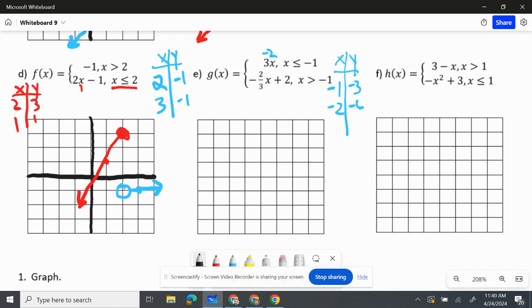With this one right here, I'm going to just move it up a little bit. So I have negative 1, negative 3, and it's going to be a closed circle. And then I have negative 2, negative 6.